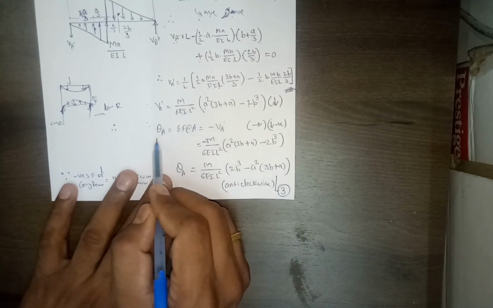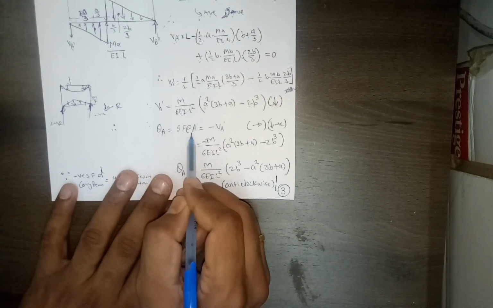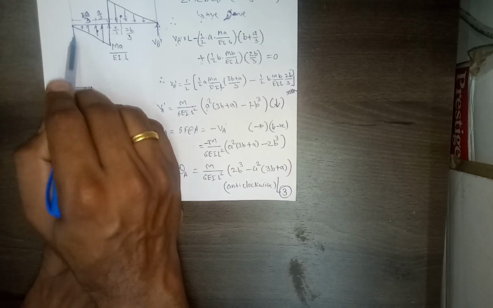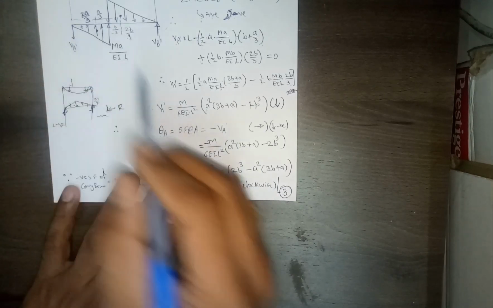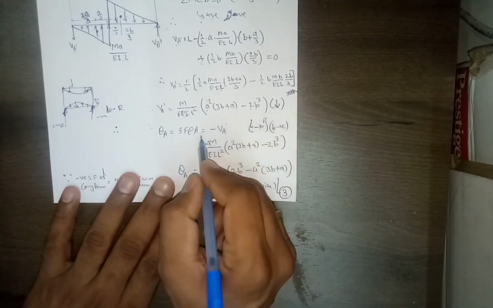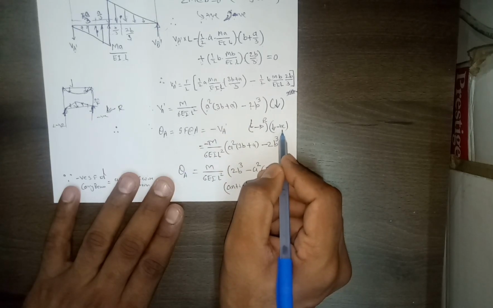Now, very important, theta A is equal to the shear force at a point. If you calculate shear force at a point, this is a downward force, and when we calculate from left to right, a downward force we consider negative.